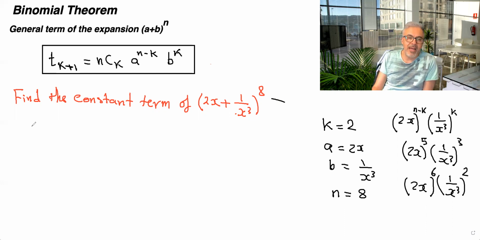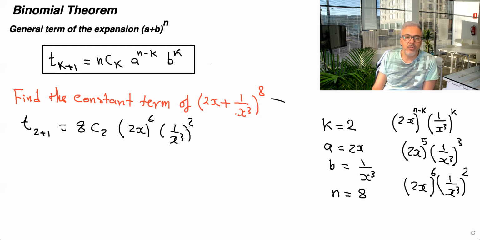And let's explore that. So t sub 2 plus 1, because k is 2, equals n, which is 8, choose 2, a, which is 2x, to the n minus k, so 8 minus 2, which is 6, and then 1 over x cubed to the power of k, which is 2.